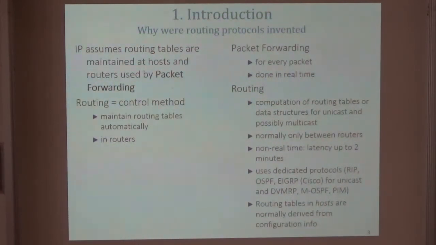Of course, you want to do that as fast as possible, but routers are not able to do that at the same speed as they do packet forwarding. So if a link crashes somewhere in the internet, some routes need to be changed, so routers will need to change the data structure of their routing tables, but it may take them up to several seconds to do it. So it's not a real-time function.